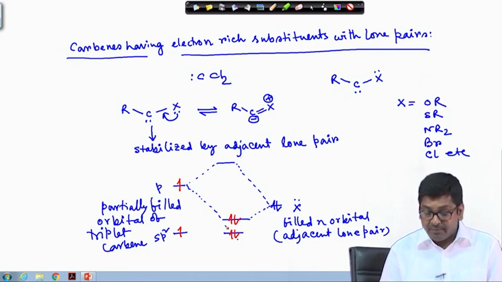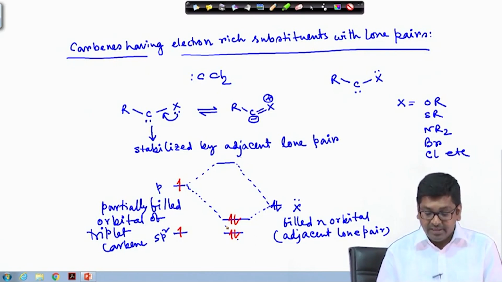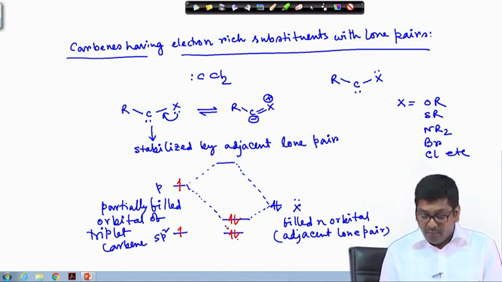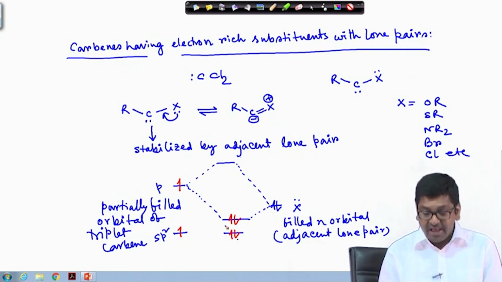But the carbenes which are having electron rich substituents with lone pairs stay as a singlet because of the filled n orbital of this adjacent lone pair that can stabilize this type of carbenes, and overall these carbenes are becoming like a singlet. Okay.